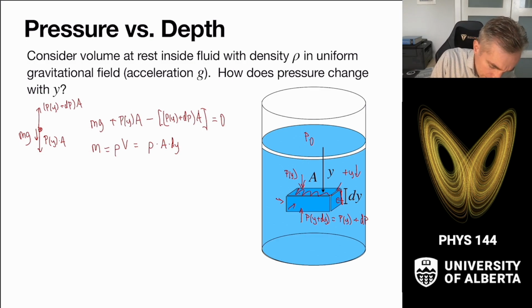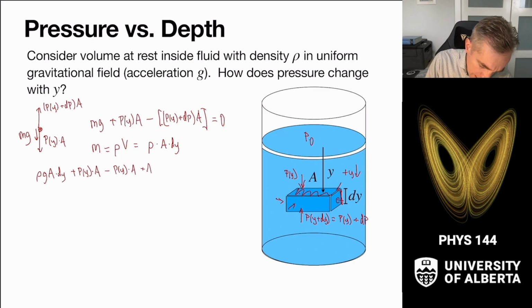and we will get that this is rho g A times the little height of the object plus P of Y times A, and then I'll expand out this next expression, minus P of Y times A minus A times dP, is equal to 0.